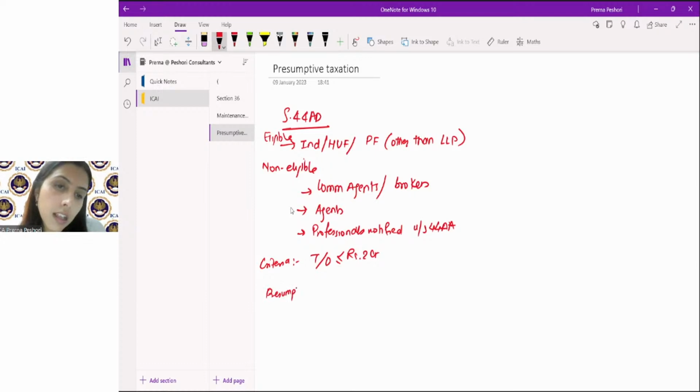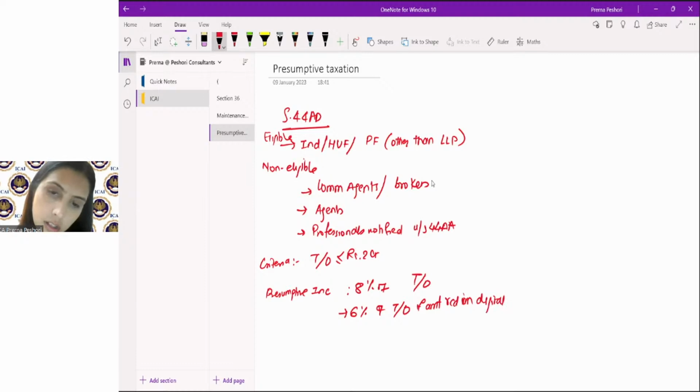Presumptive income is 8% of turnover, and 6% of turnover in case where, what is it? 6% is when, you know it, when the amounts are received in the electronic mode, right? So I will write it as amounts received in digital or non-cash mode, right?